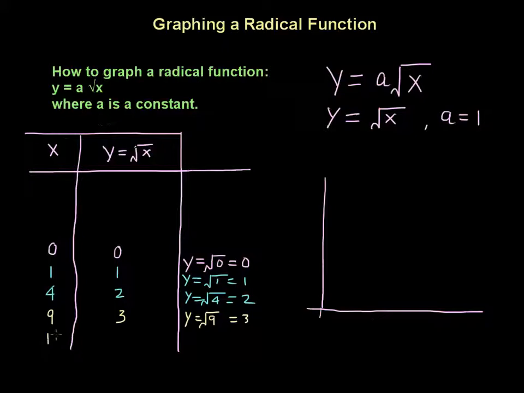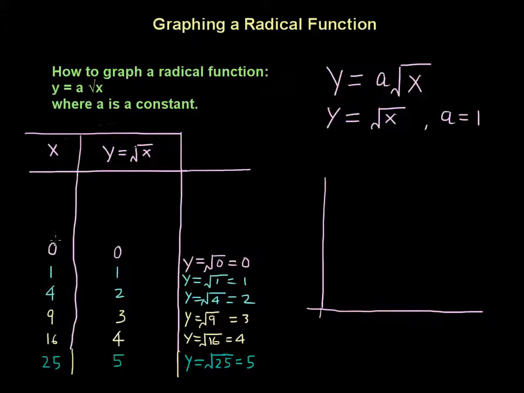In the same way, we can choose 16, and the square root of 16 is 4. So let's write down 4. And then finally, we can choose 25, and the square root of 25 is 5. So we have 5 here.